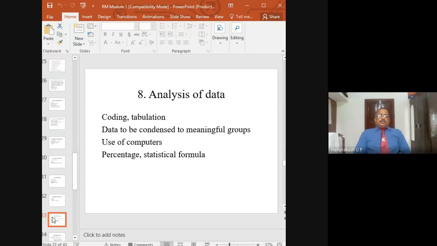So what happens? Question, male or female? There are thousands of respondents, and different questions in a questionnaire. Maybe around 20, 30, 40 questions may be there. Taking one simple example, say the gender, male or female.